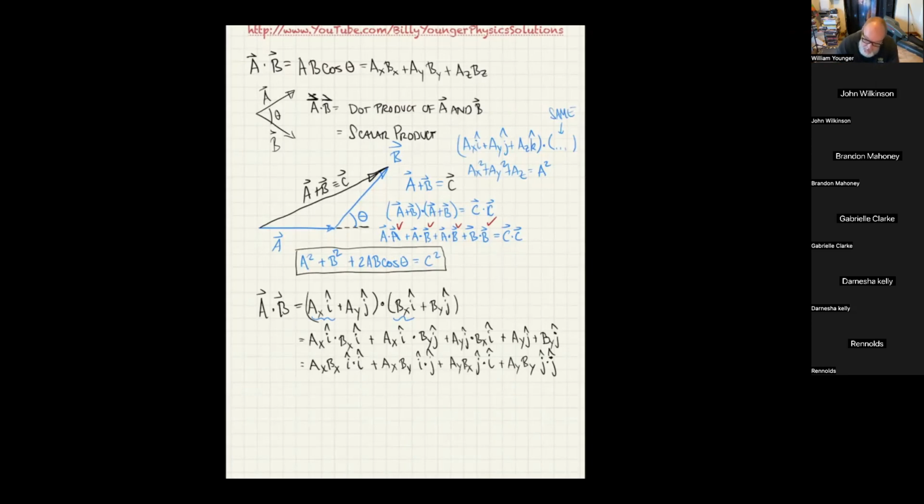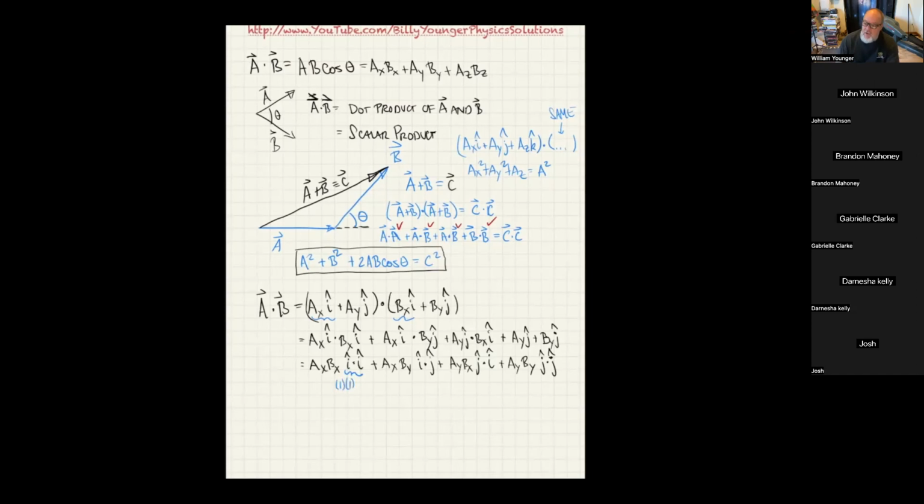So can someone tell me what the magnitude of i hat is? One. Exactly. It's not 1 newton, not 1 meter, not 1 kilometer or anything. It's just plain one. So thank you for that. And then the other one, of course, has the 1.